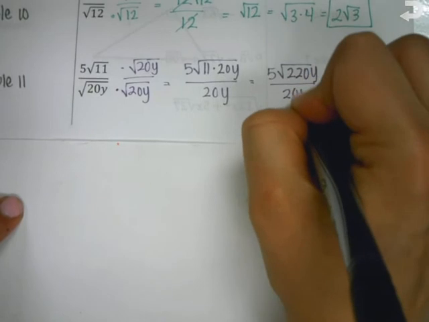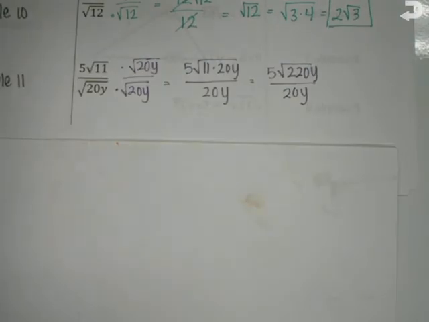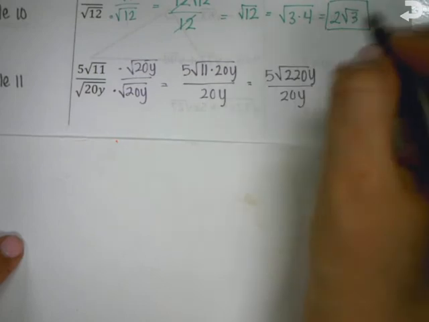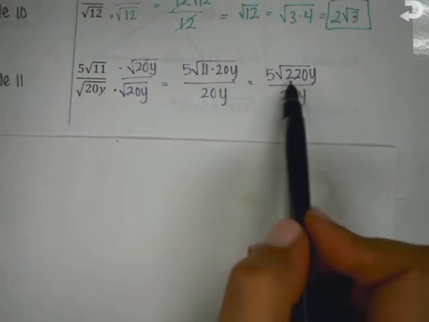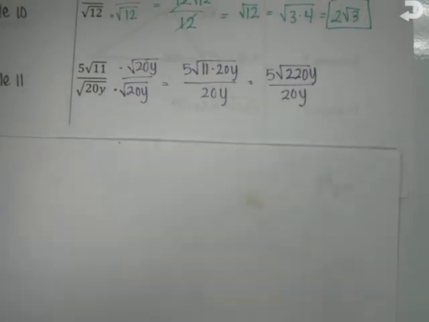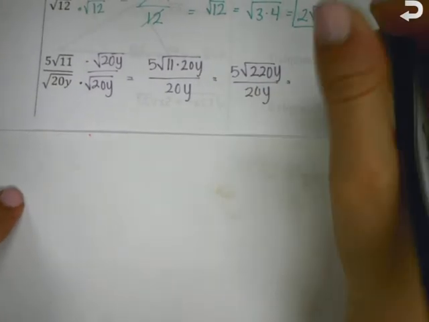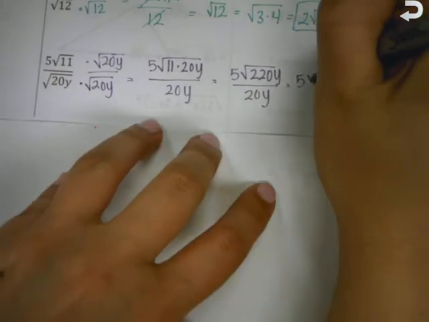Okay, now what? We can simplify 5 and 20, so why don't we do that? But actually, before we simplify 5 and 20, why don't we simplify the root first? How does the root simplify? Did anybody figure that out? 55 times 4. So this is 5 square root of 55 times 4 times y all over 20y.